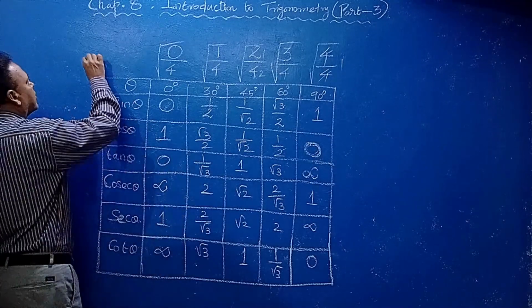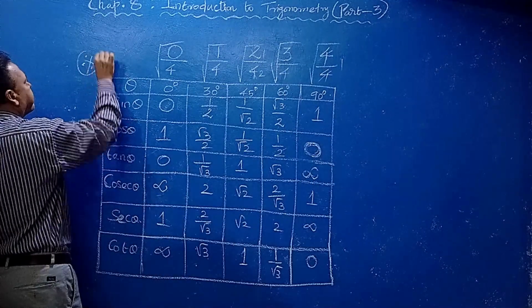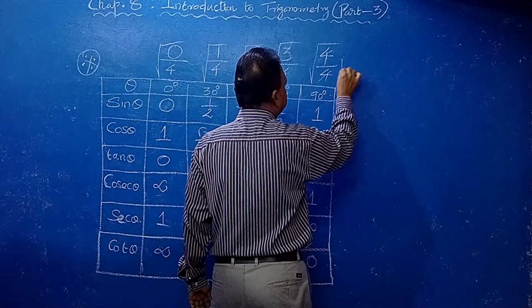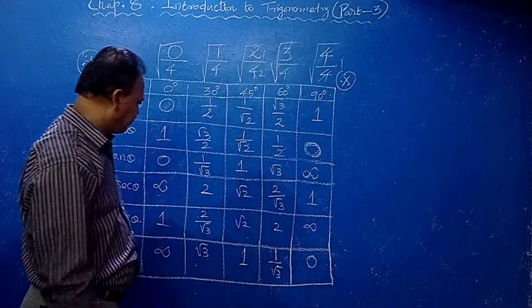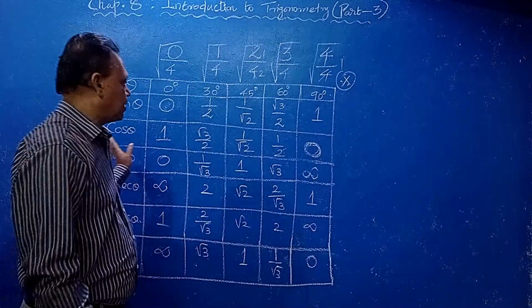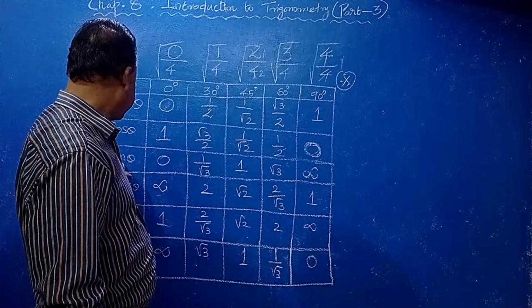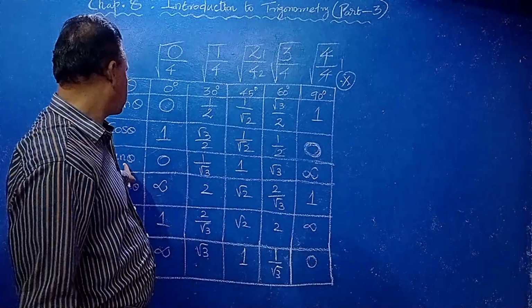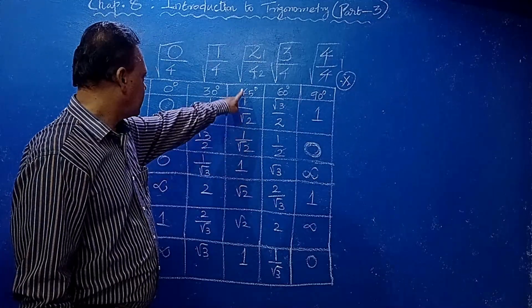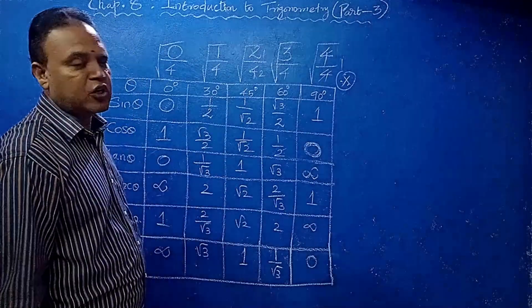So this tabular column is very important. Always you have to remember. So easily you can draw the tabular column and correctly write the value. Suppose tan 45, you look at tan theta where 45 is there. Tan 45 is 1, like this you have to find out.